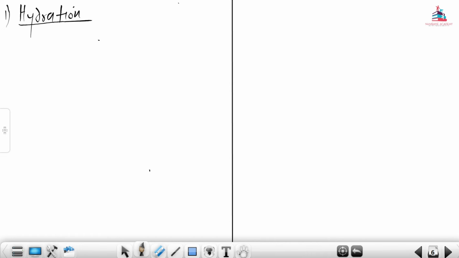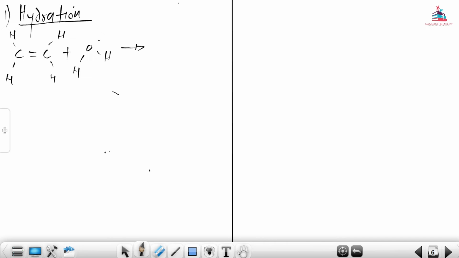So if it's addition of water, let's consider having C double bond C, and then we add now our H2O. What product will be formed?